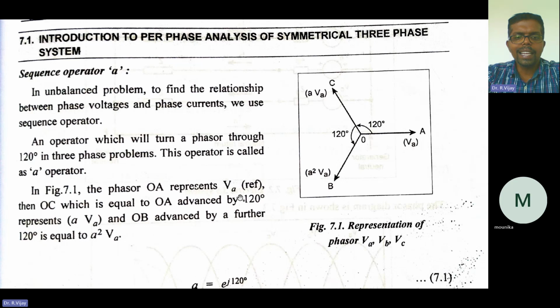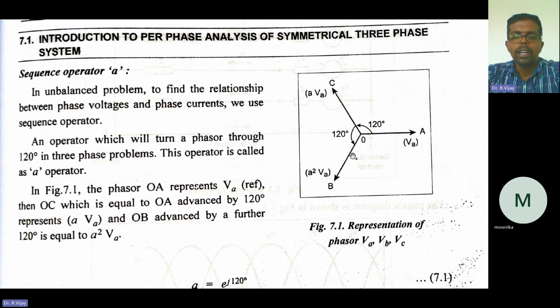the phasor OA represents the reference voltage VA. Then OC, which is equal to OA advanced by 120 degrees, represents A into VA.